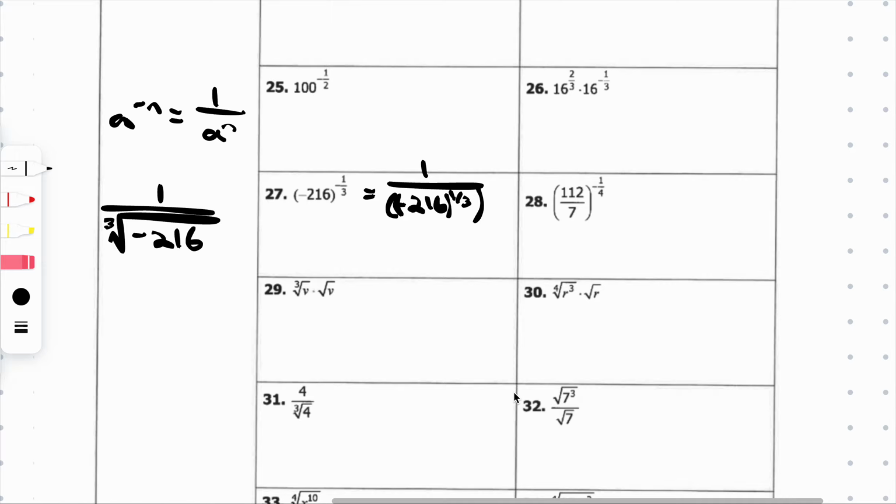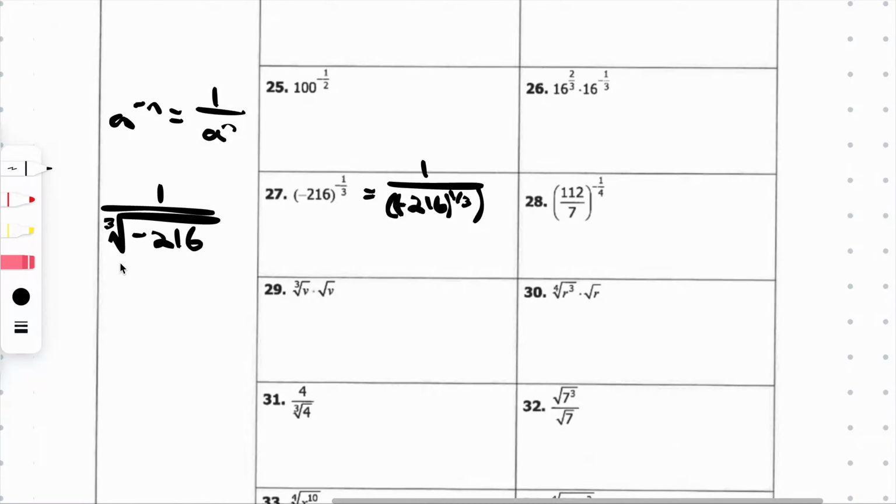Now, if you think back to perfect cubes of 216, that's going to be 6, which comes out perfectly evenly. So the cube root of 216 is 6, but we have this negative out in front. And since we have an odd root, 3, an odd index, that matters.